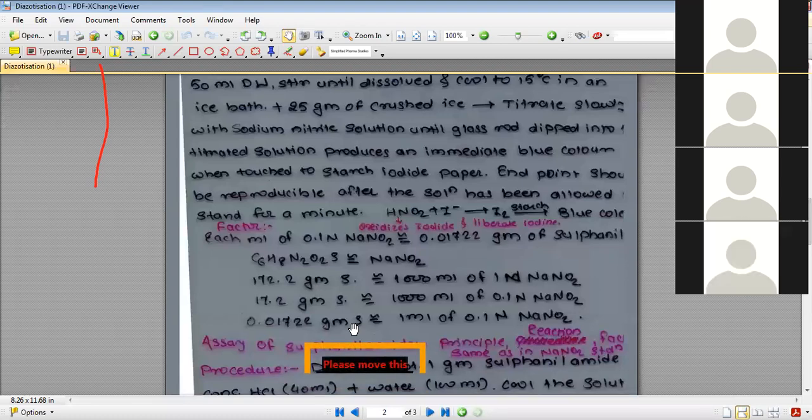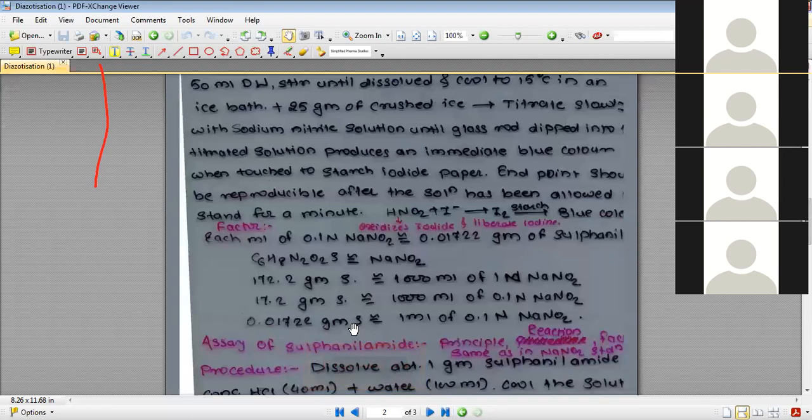For example, dapsone, which is used in the treatment of leprosy. The next drug is benzocaine, which is used as an anesthetic. Next is primaquine phosphate, which is used in the treatment of malaria. Next are procainamide, procaine, and sodium aminosalicylate.